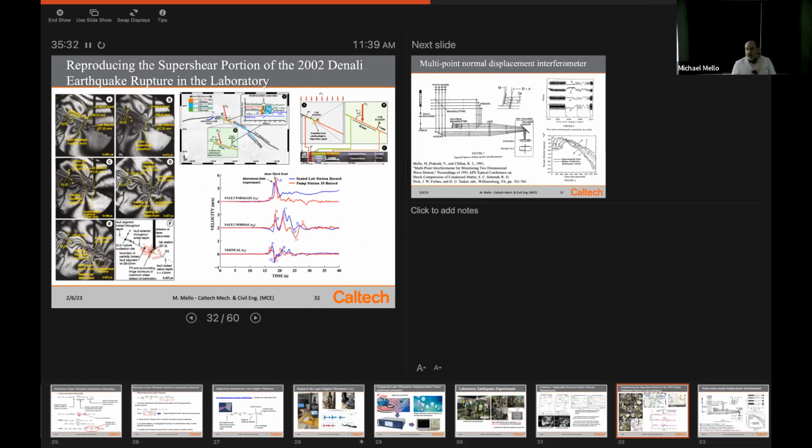This was an experiment that was matched to try to simulate a famous earthquake in Denali, Alaska, that happened in 2002. And the red curves are the famous pump station 10 record that was obtained. The only reason we have these records, by the way, is because there's this transcontinental oil pipeline. If you go on a map, you'll find it. It runs north to south through Alaska.